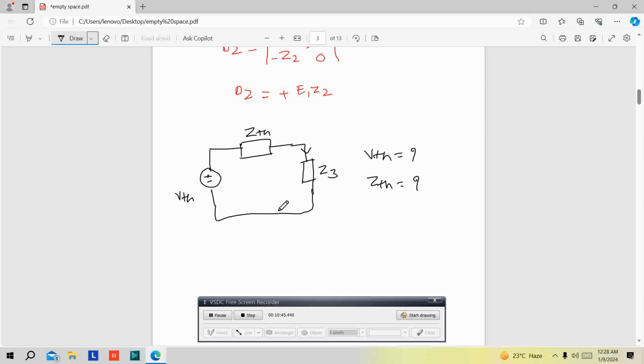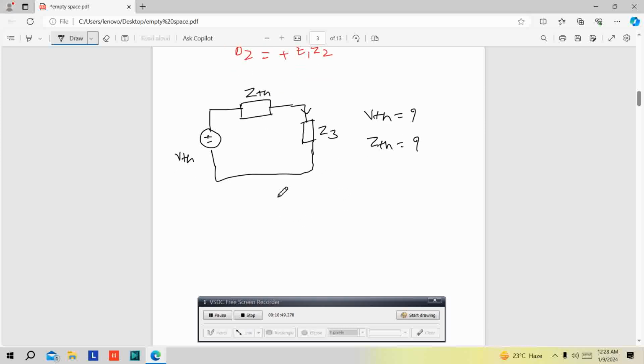So here it is very simple. For VTH, I'm going to consider the given network here, plus minus.